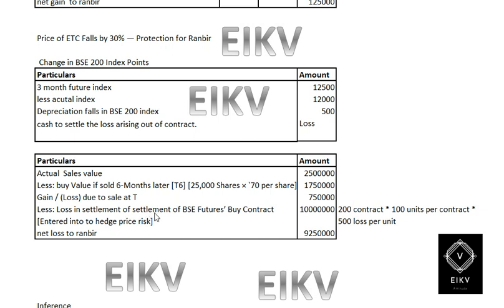Now less loss on settlement of BSE future contract. So the loss would be 200 contracts multiplied by 100 units into 500 loss per unit, which will be 100 lakhs. So when we adjust this 7 lakh 50,000 with 100 lakhs, we will get a net loss of 92 lakh 50,000.